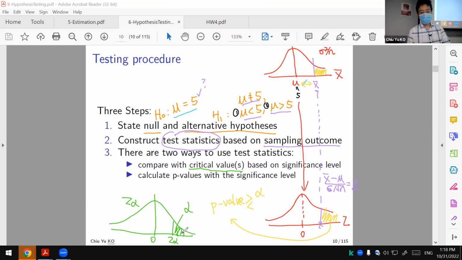We're asking, is z alpha less than or more than the Z here? If Z is more than Z alpha, then you reject. If Z is less than, you will not. We'll give you more detail about it, don't worry. But this is the main idea behind what we are doing.